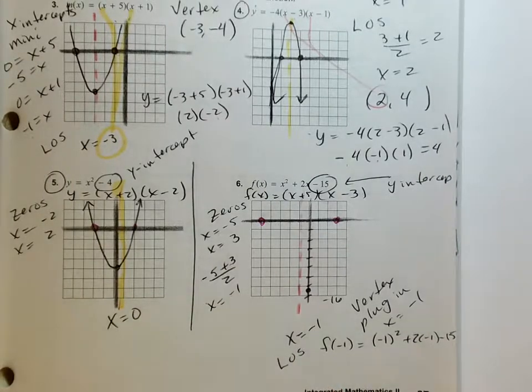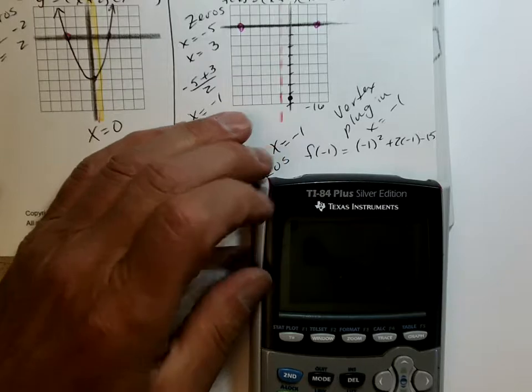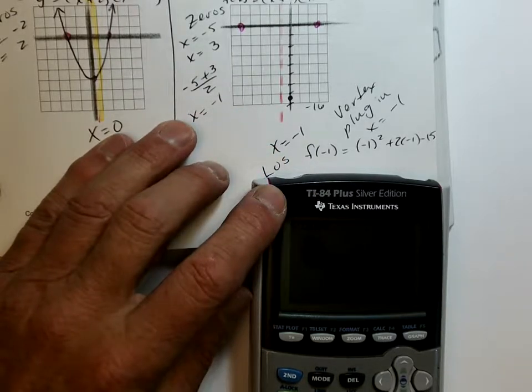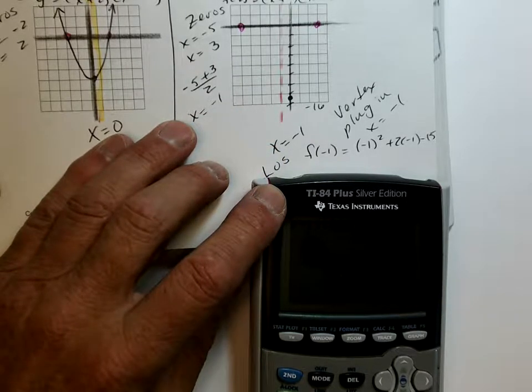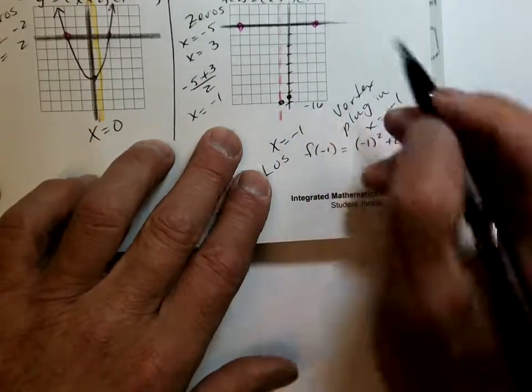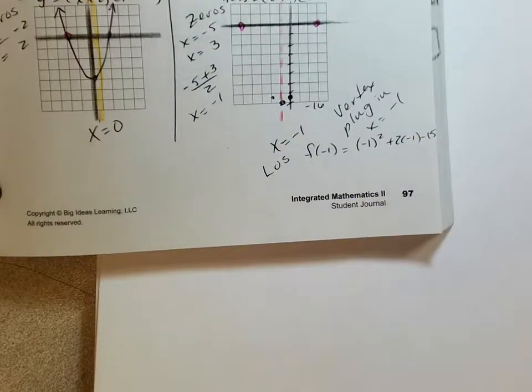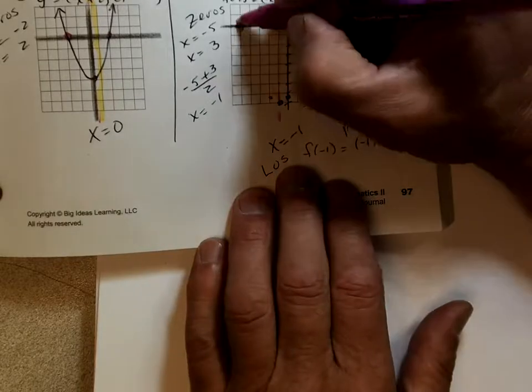And I'm really good about using a calculator because, don't call me lazy, just call me smart to use a calculator, right? Let's put this in here. On the calculator: parentheses, negative 1 squared plus 2 times negative 1 minus 15. I get an answer of negative 16. I'm going to for sure have another point right there, and I could just graph my parabola in.